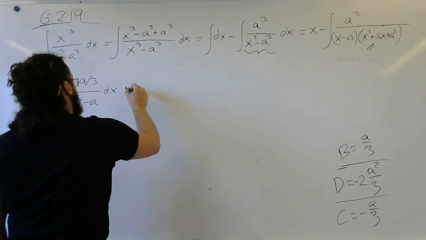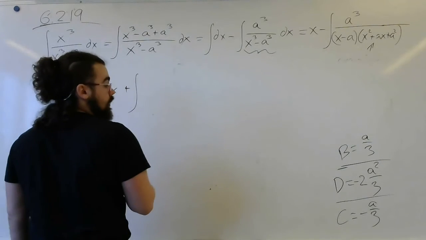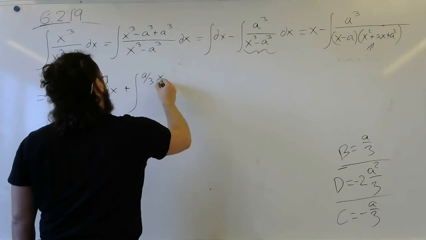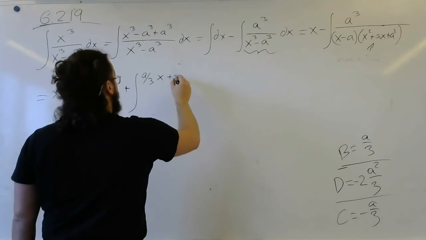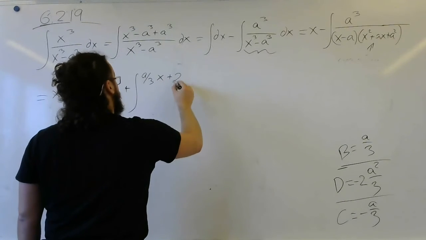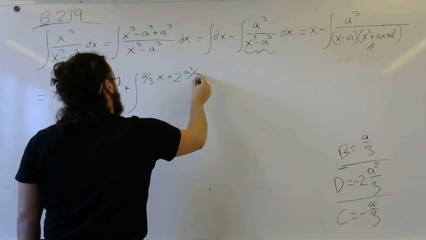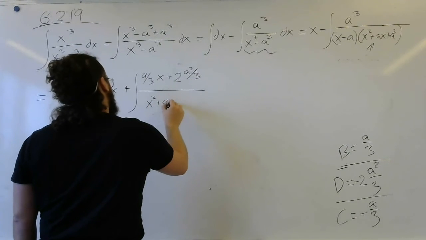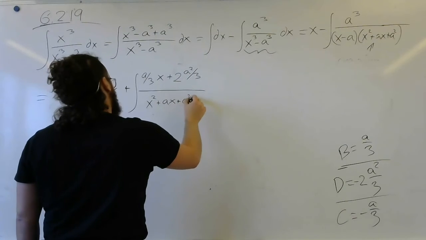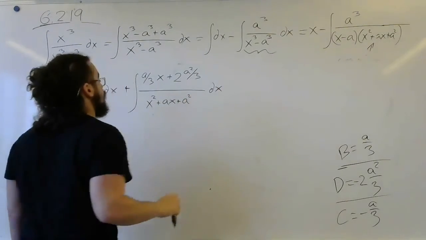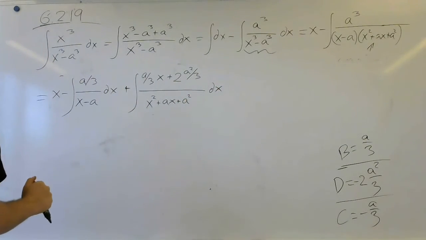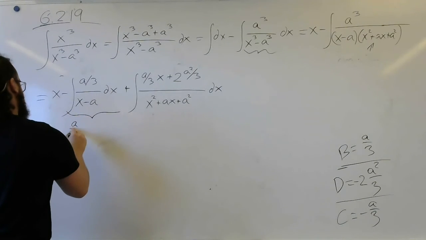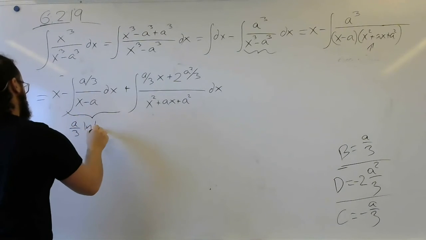With that minus, I'm going to give this a plus. Cx plus d. This one is immediate. This is a thirds logarithm of x minus a.